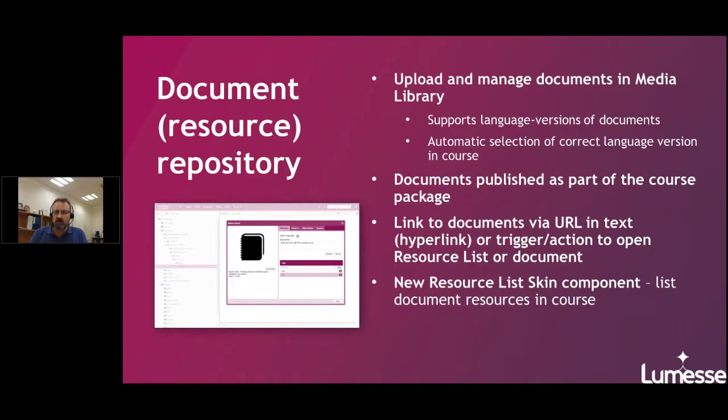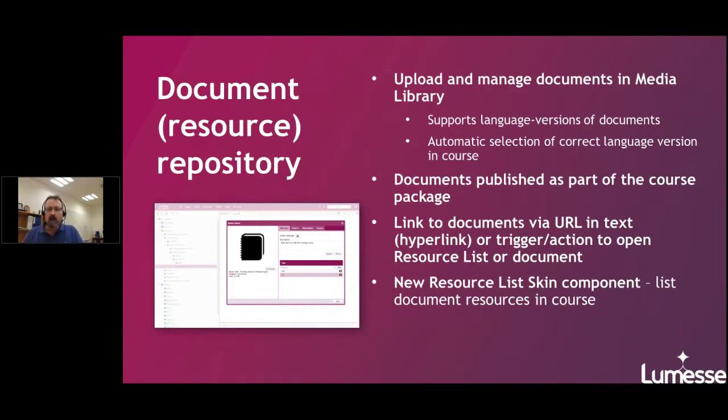And in the course, you provide one link to that document. For instance, click on a button. I'll show you that in a minute. But that one link opens the document in the correct language version. So a user who is taking the course in French will automatically get the French version of the document, while a user doing the course in German will automatically get the German version.